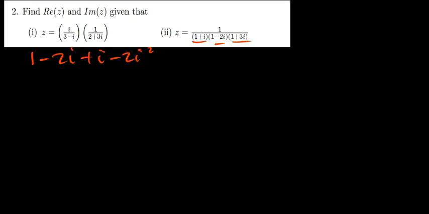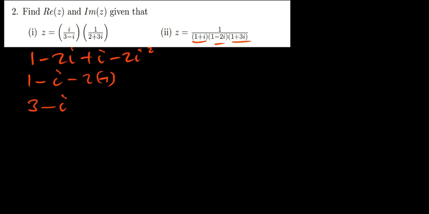So I simplify this, it is going to be 1 minus negative 2 plus i is just i, minus 2, then I have got negative 1. So these two are going to give me plus, which is going to be 3, or 1 plus 2, which is 3, minus i.